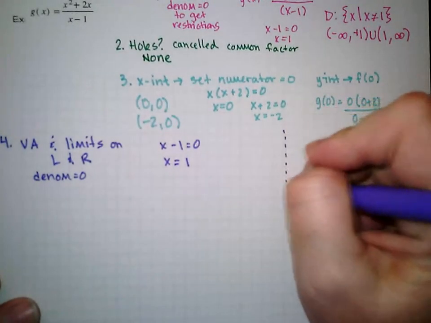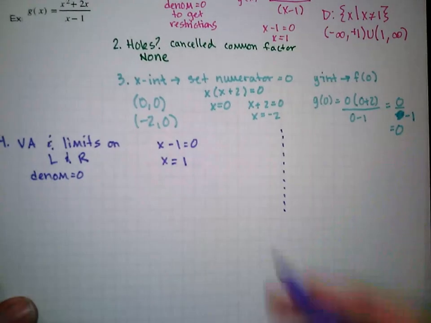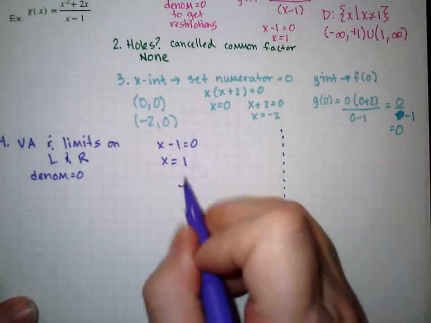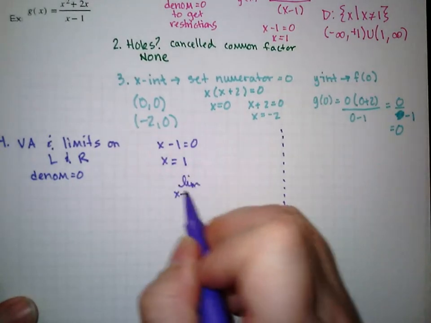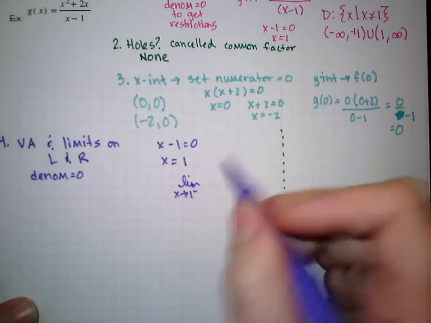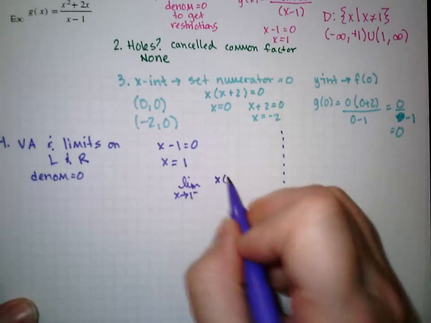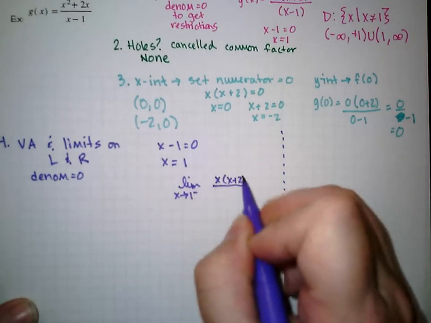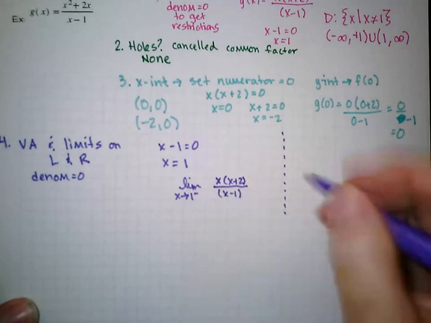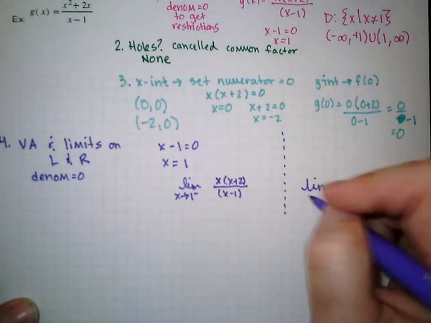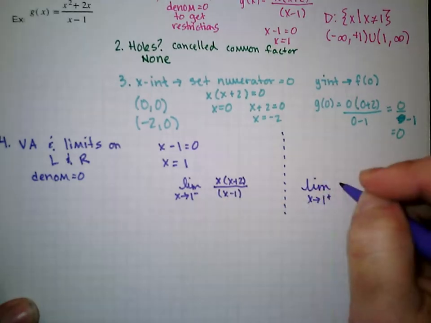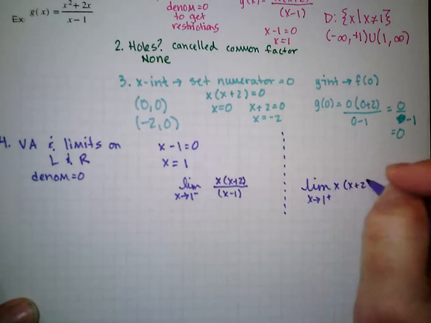And then I'm going to draw that in there, and I need to figure out the limit as x approaches 1 from the left of my function, x times x plus 2 over x minus 1, and the limit as x approaches 1 from the right of my function.